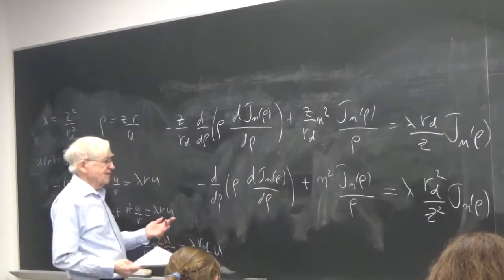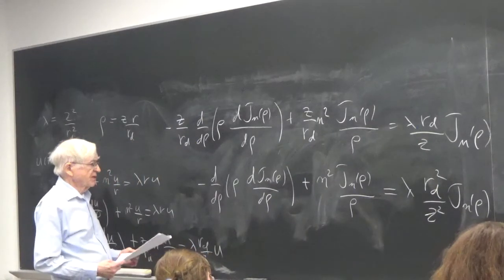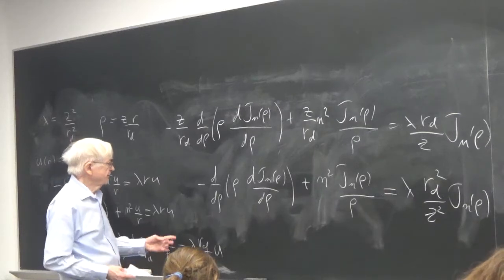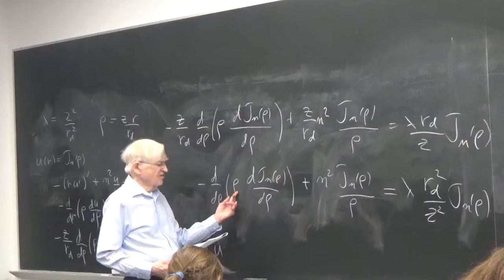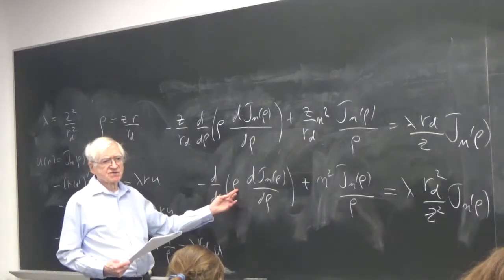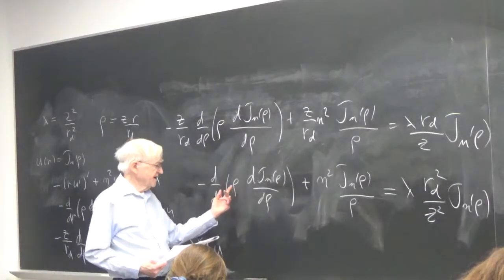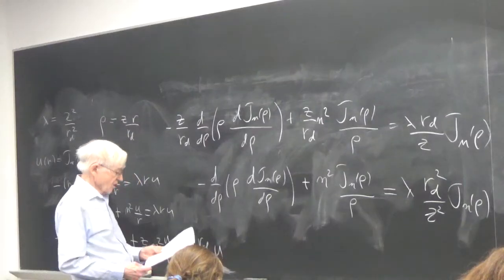And so this is basically in self-adjoint form because of this structure here. The function p is just the identity function. P of rho is just rho.